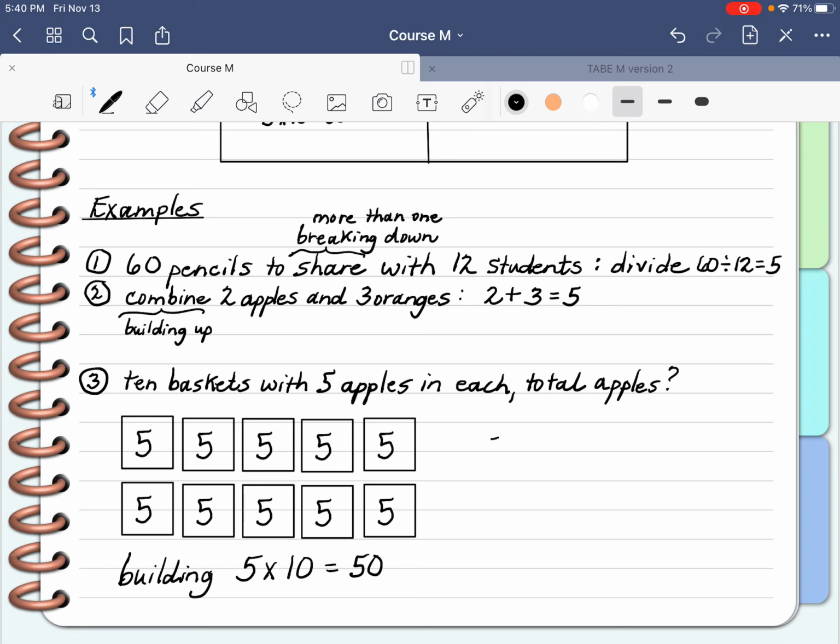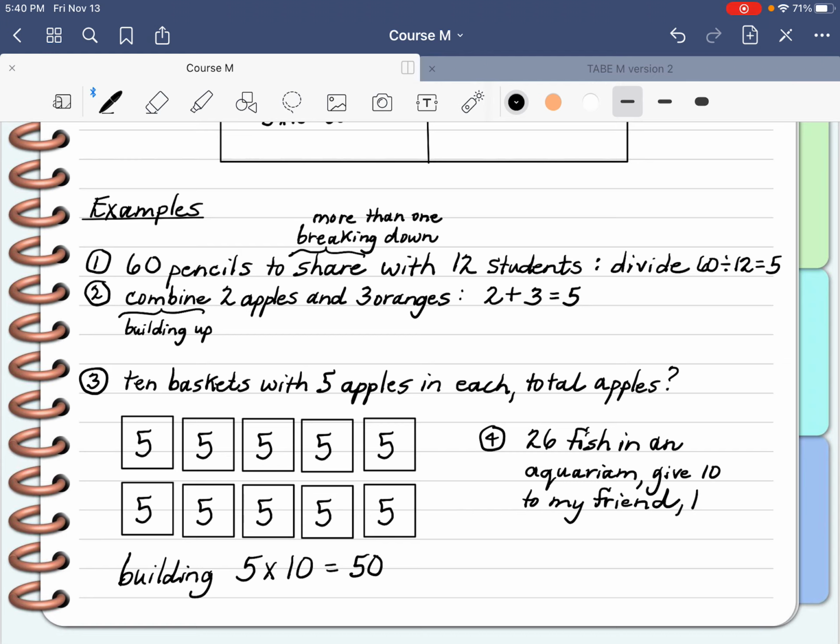And here's one more. Let's suppose that I have 26 fish in an aquarium. And I give 10 of them to my friend because the aquarium is too crowded.